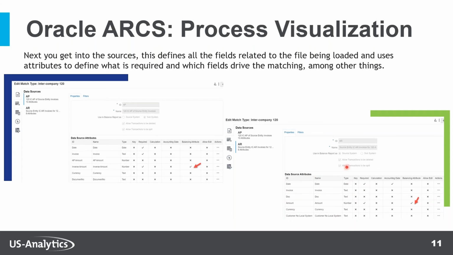Again, you've got the same attributes that you're going to assign to this data source as well. You're going to mark which items are required, and like I said, our balancing attribute is listed on amount, whereas over here we've got it on the inverse amount. We want to make sure that we're flipping the sign on one of these so that they match.